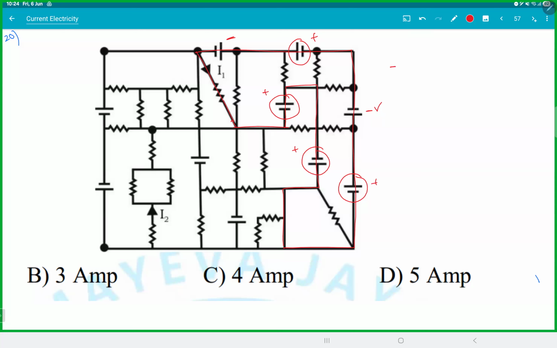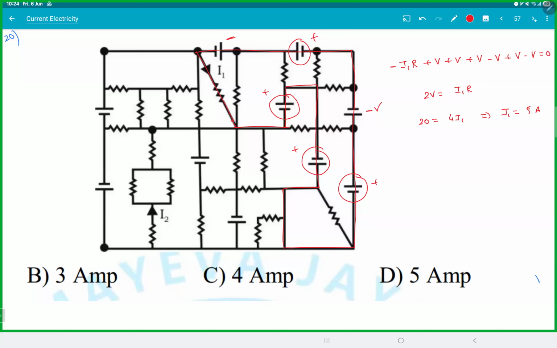If you write Kirchhoff's law: minus I1 R plus V plus V plus V minus V is 0. You get 2V is equal to I1 R. Battery is 20, this is 4 I1. So I1 is 5 ampere.